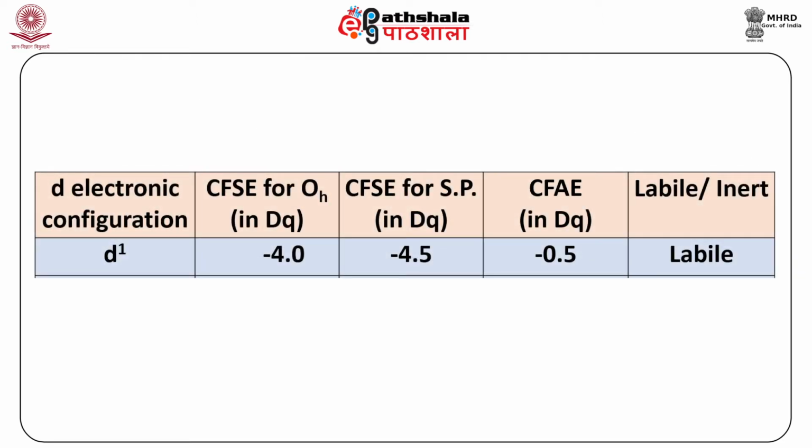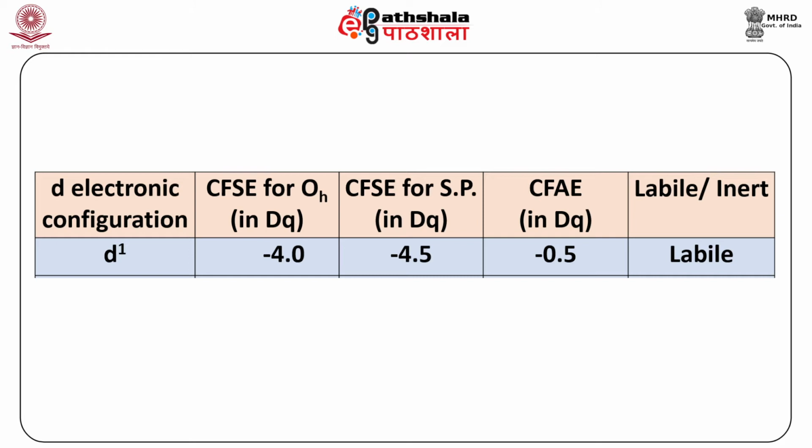In case of octahedral system, we had the crystal field stabilization energy equal to minus 4 Dq, while in case of a square pyramidal system, it was minus 4.5 Dq.